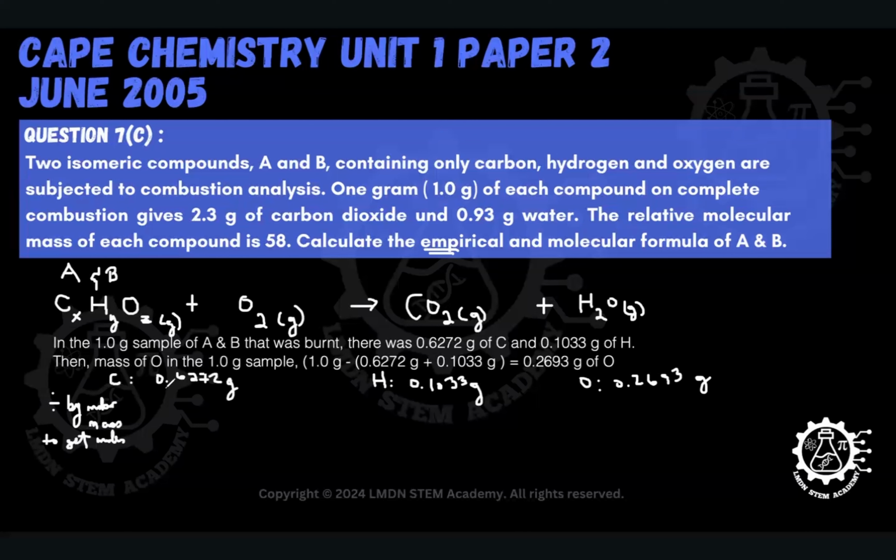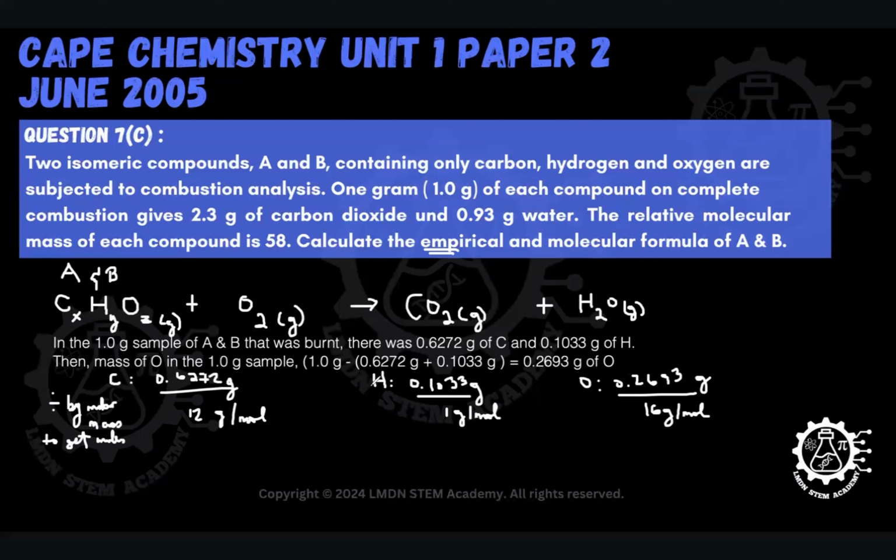So when we do that, what are we going to do effectively? We're going to be dividing the carbon by 12 grams per mole, because that's the molar mass of carbon. We're going to be dividing the hydrogen by 1 gram per mole, since that's the molar mass of hydrogen. We're going to be dividing the oxygen by 16 grams per mole, since that's the molar mass of an oxygen atom.